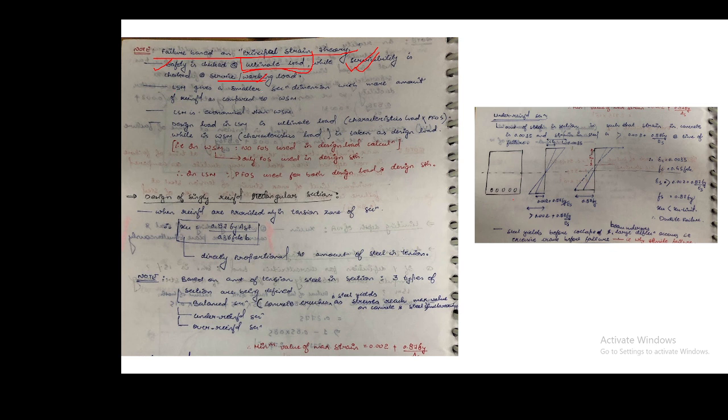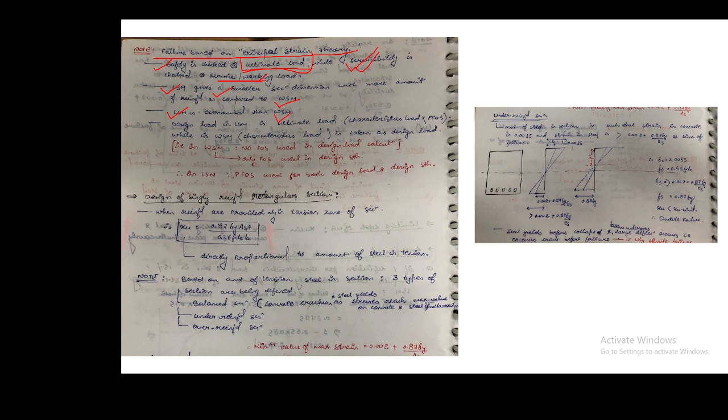The limit state method gives us smaller section dimensions while more reinforcement as compared to the working stress method. Obviously we are optimizing the section, so the section given by LSM will be smaller and slender. LSM is more economical than WSM, as we also discussed in the previous class. Why is that so?